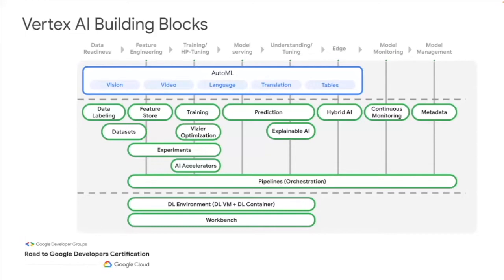You can see that it has different kinds of phases. And then you can see at the beginning, you have data labeling and datasets, feature stores, and training, optimization, you have experiments, and you have a lot of different things that can help you do the circle that you've seen in the previous slide.